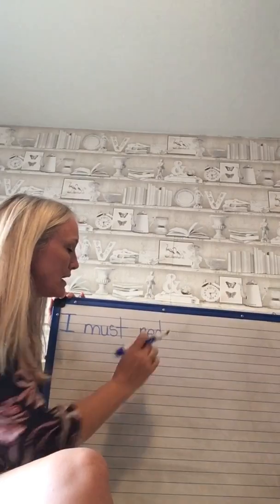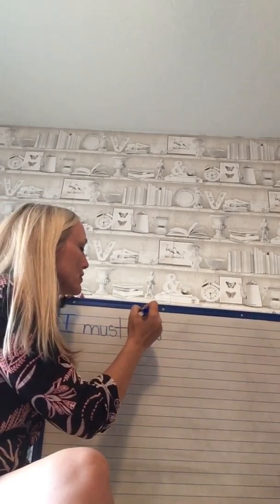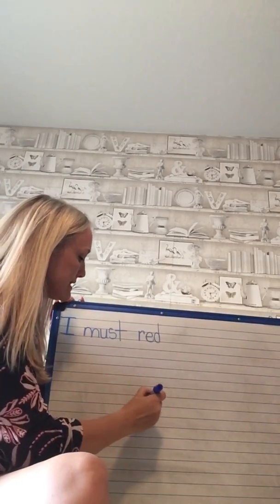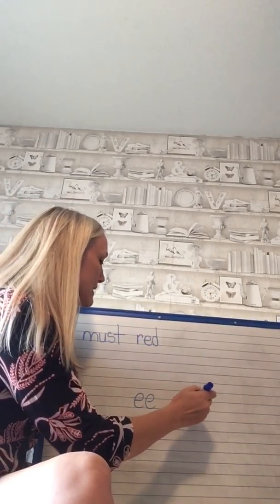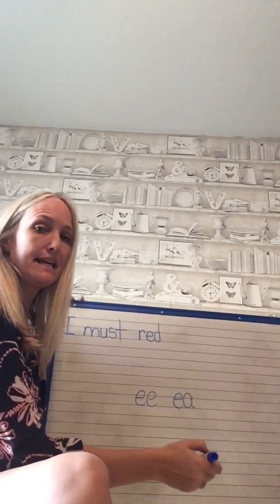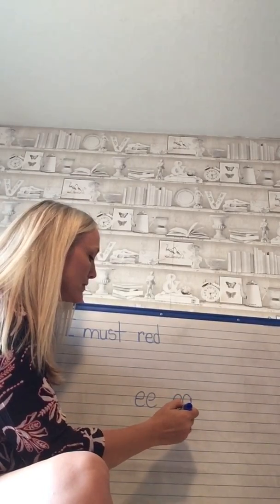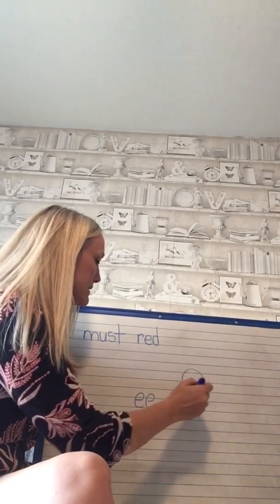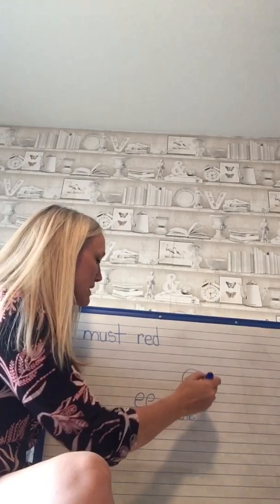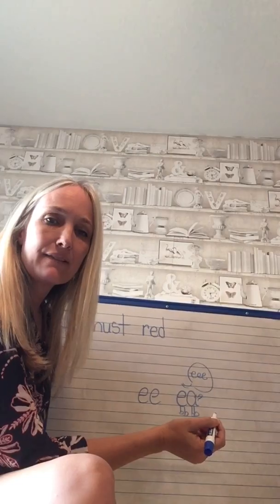So what do you think another vowel would go there? Now, we've learned 2 E's, say E, but also EA says E, because when 2 vowels are walking, remember, they're walking, the first one is talking, and the second one is listening very closely.